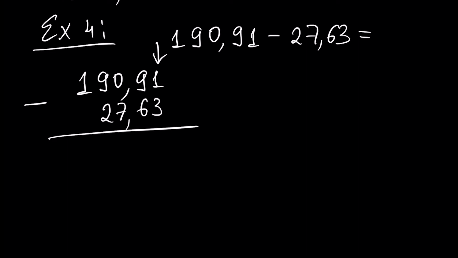That's why we take 1 from this 9, and we have here 8, because we give 1 to its neighbor, and we have not 1 but 11. 11 minus 3 will be 8, and we write 8 here.